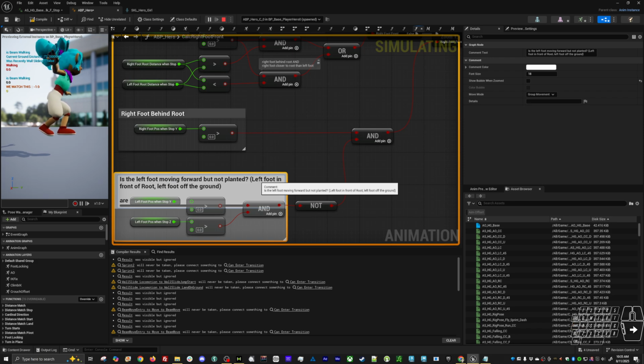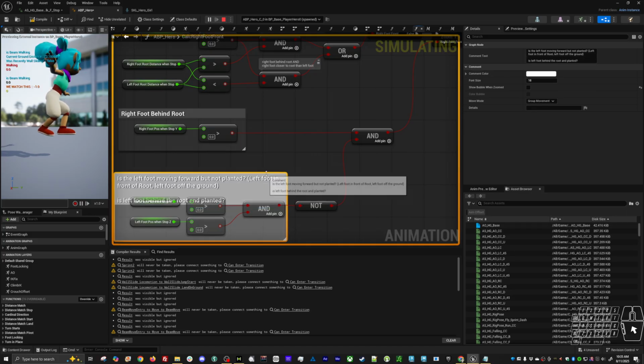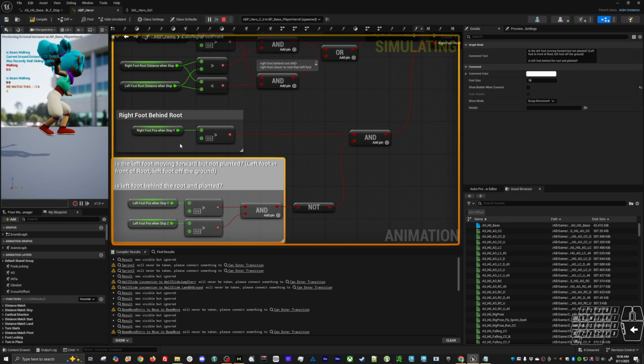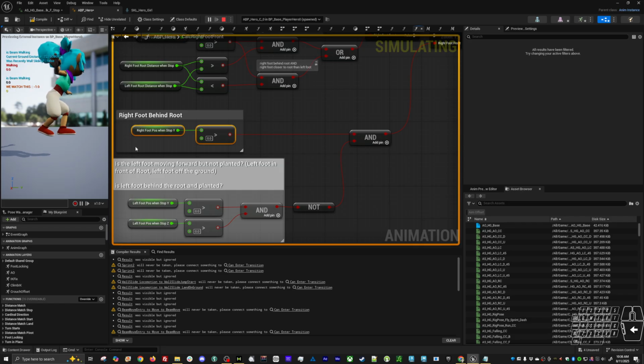So is the left foot behind the root and planted? And if that's true, is the right foot behind the root?